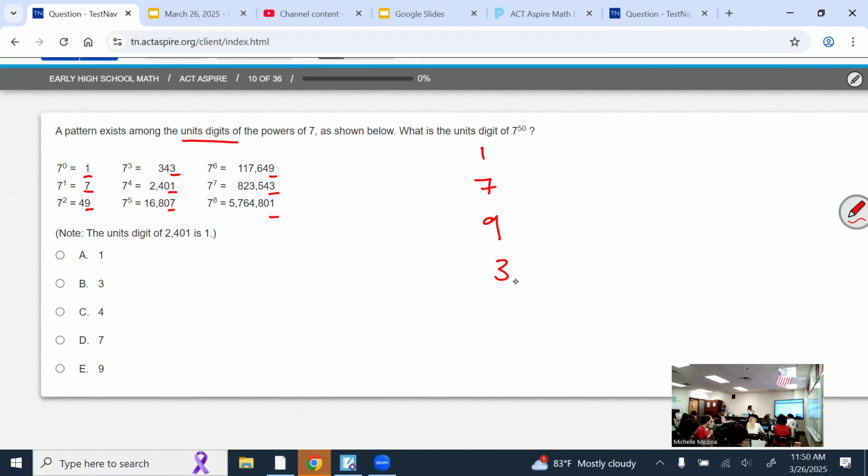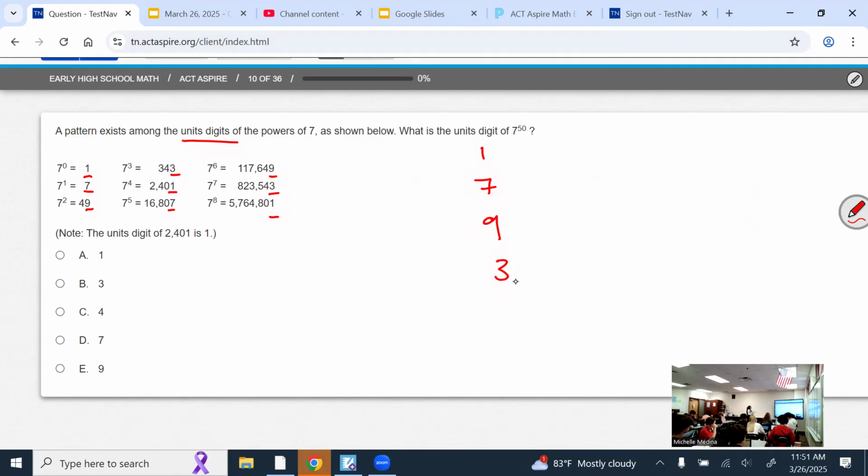While it's possible to maybe continue this pattern, you might make a mistake if you're just drawing it out for each number. Like if you're doing 7 to the 9th is this and all that. Since every 4 digits is the next cycle, I'd probably figure out how many cycles I would need to do until I get to the 7 to the power of 50.